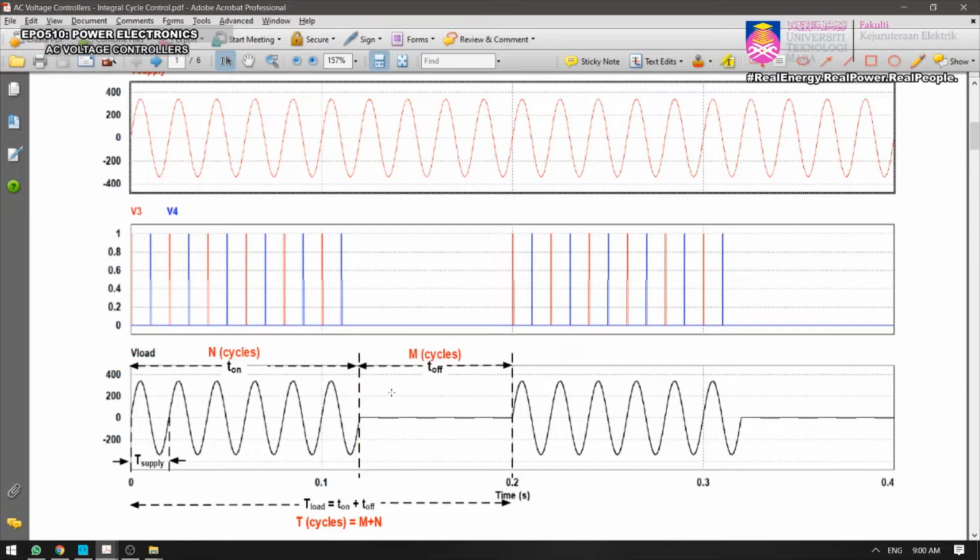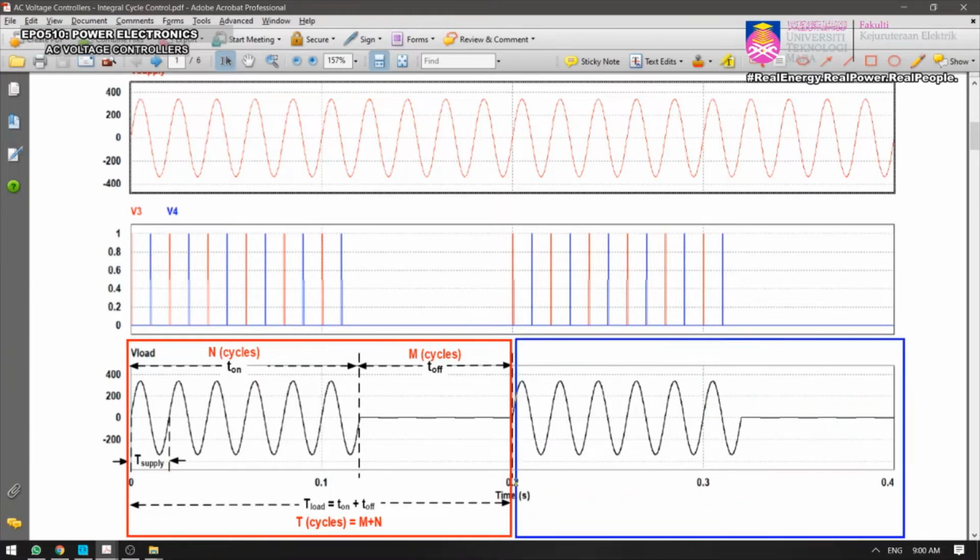So this output waveform is slower than the input voltage, because now your output sees this as its fundamental frequency, and then it repeats again for the next cycle. This is the first cycle and this is the second cycle with respect to the output voltage.